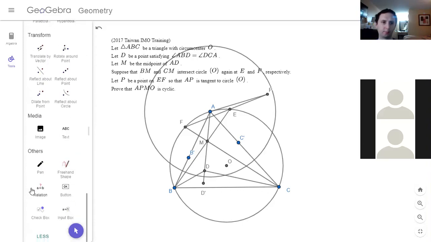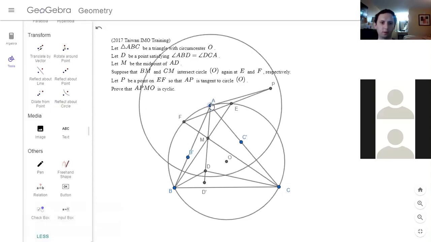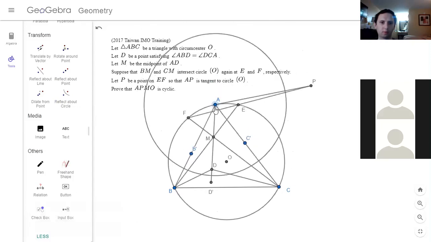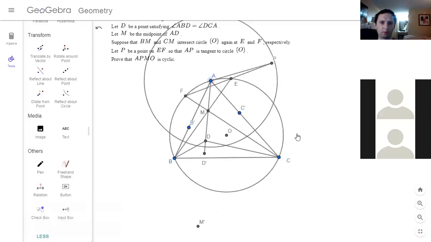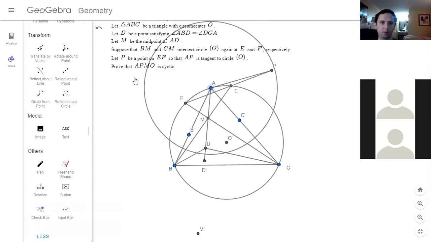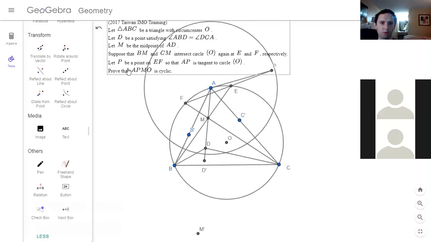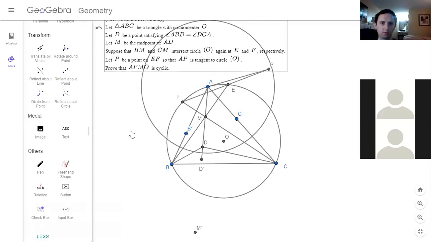Let me draw M prime. So M prime is going to be like twice AB prime, I think, right? So M prime is just far away. Let's see. There's M prime. All right.